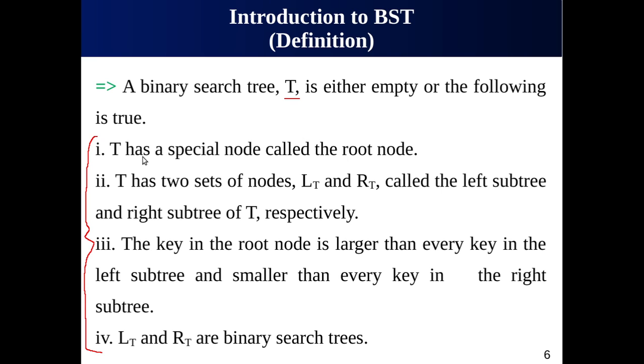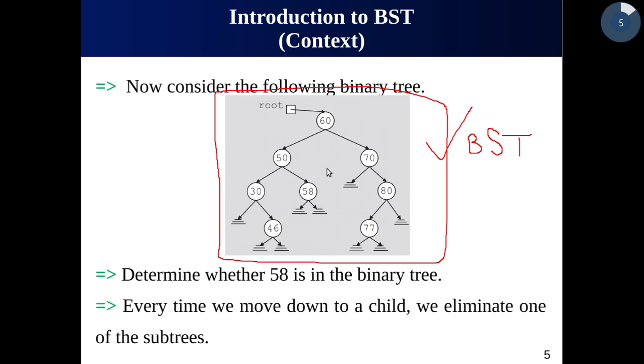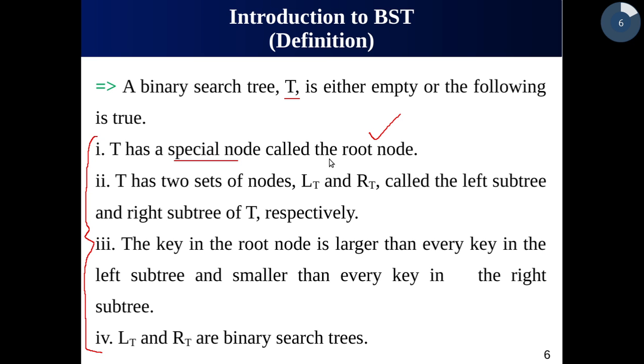What are these rules? The first rule is that the given tree must have a special node which is known as the root node. In this example, the root node is 60. Second property is that the tree T must have two sets of nodes, L and R. L stands for left, R stands for right, meaning left child and right child.